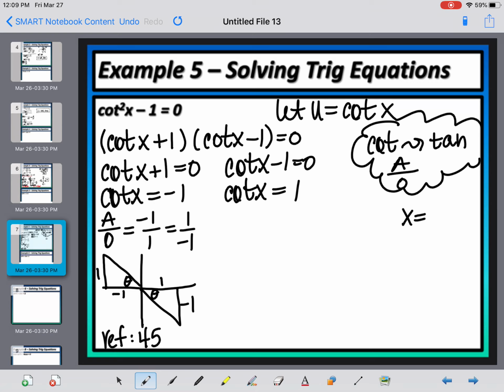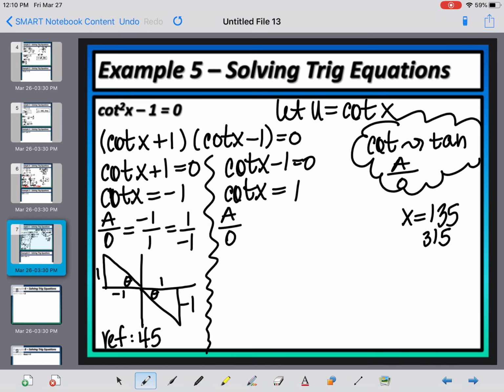So my first set of answers, x equals 180 minus 45, and then 360 minus 45. Okay, so I get 135 and 315 from the first expression.